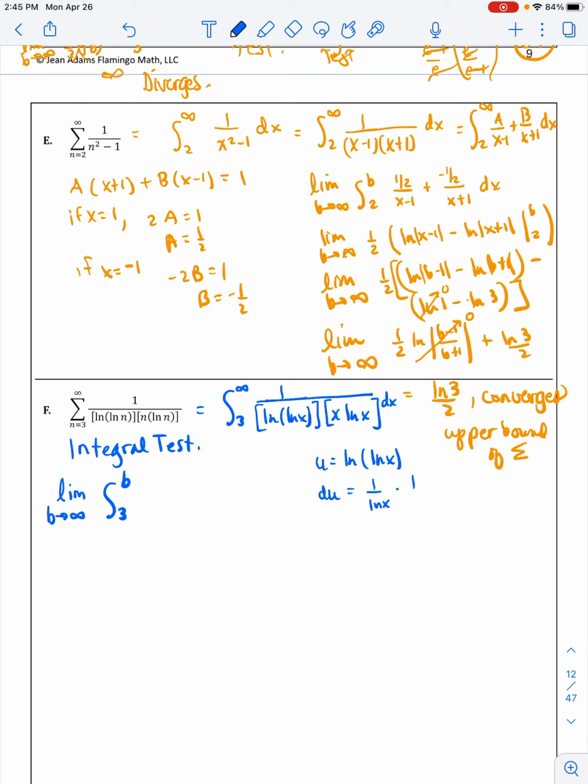Our du is going to be 1 over ln x times 1 over x, because that's the derivative of ln x, dx. So x ln x du is my dx. So this is going to be 1 over u times x ln x times x ln x du. And those cancel.